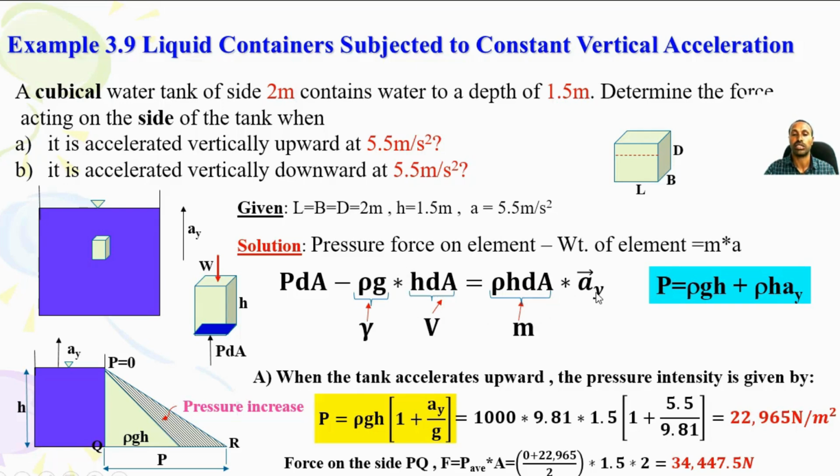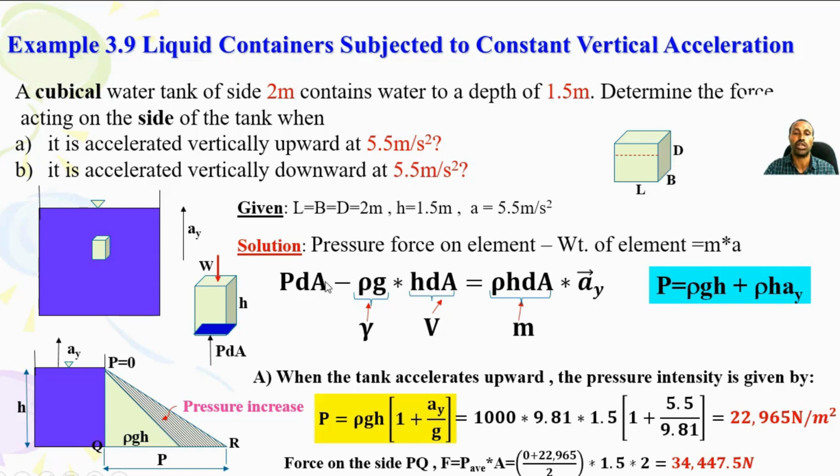Then mass times acceleration in y direction. So rho h dA is the mass of the element, because density is mass over volume, so mass is density times volume, times acceleration in y.